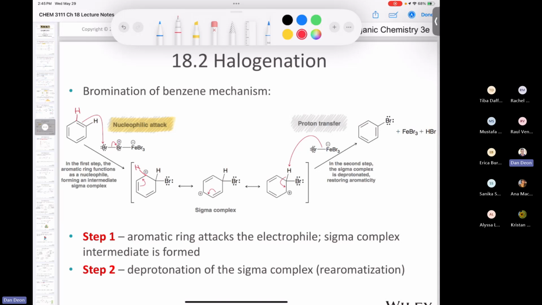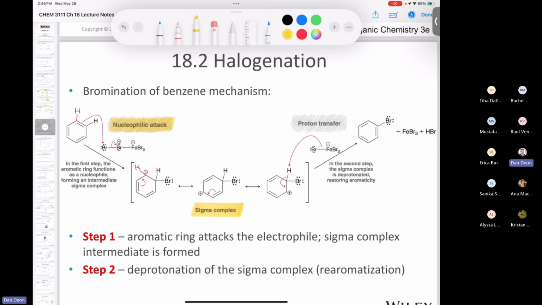It still has one hydrogen, but now you formed a carbocation, right? This carbon is sp3 hybridized now, but the one that's a carbocation is sp2 hybridized. And so what you notice about this is that this is an allylic carbocation, right? You see there's an allylic carbocation right here. And so we can draw 3 resonance structures, and we call this the sigma complex.